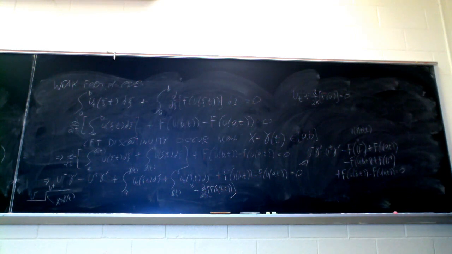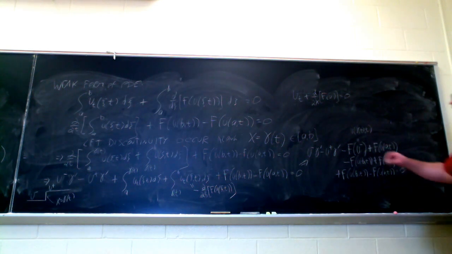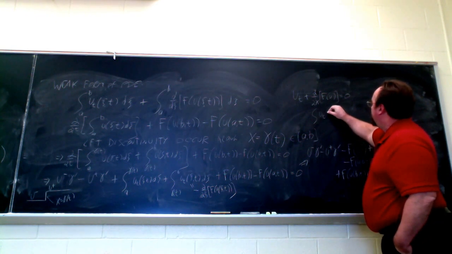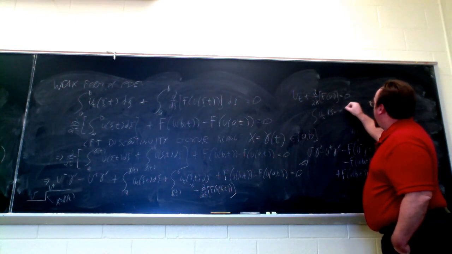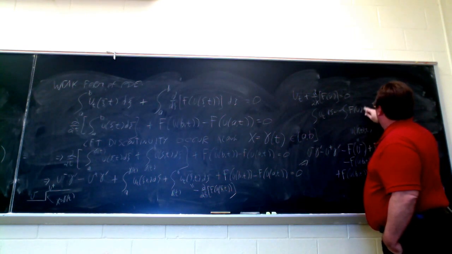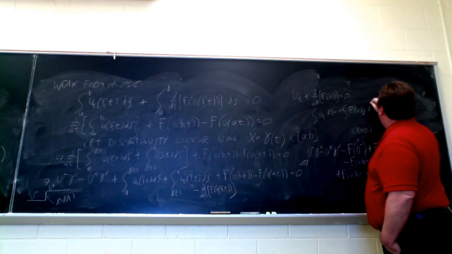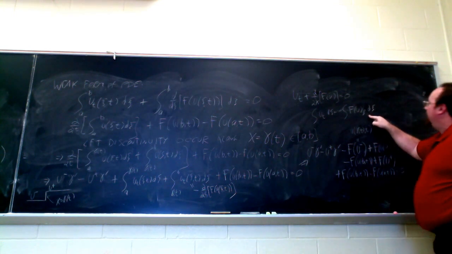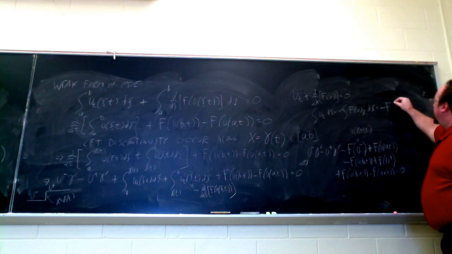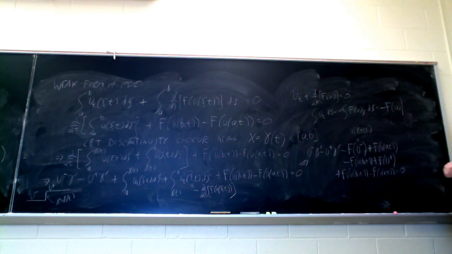So, any questions about that part of it? The integral of u_t is minus the integral of f of u, derivative with respect to c, but that is going to be minus f of u evaluated at whatever limits you have.